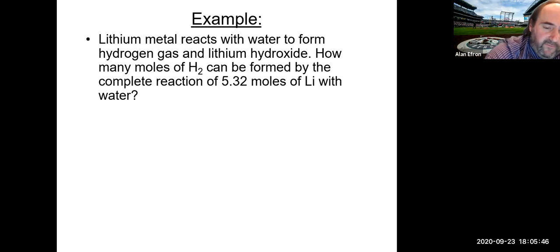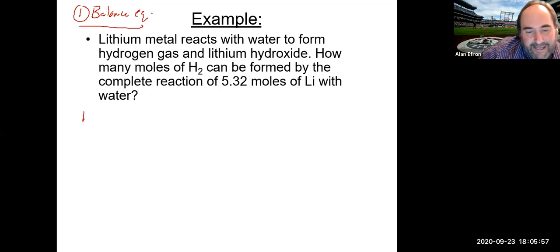So really the 4 steps here. The first step is to make sure you have a balanced equation. In this case, we're not given an actual equation, but we're given things in words. When we're given things in words, we want to write the right formulas. Lithium metal is just lithium by itself, no charge.